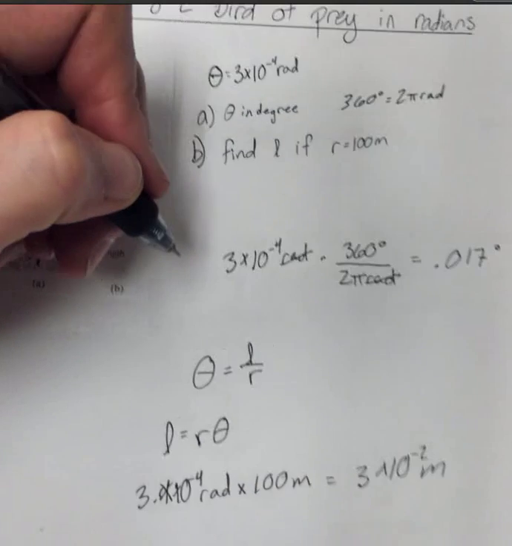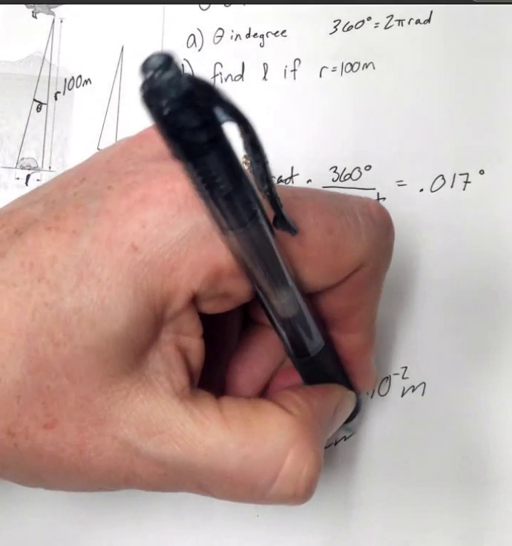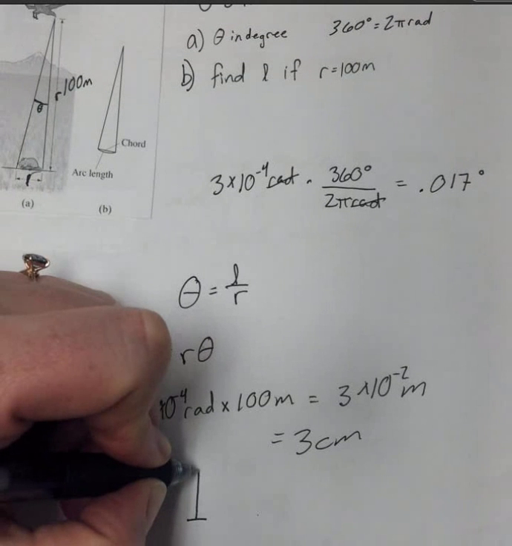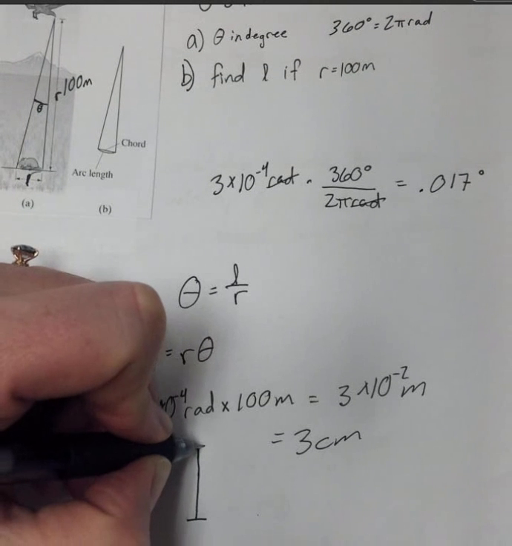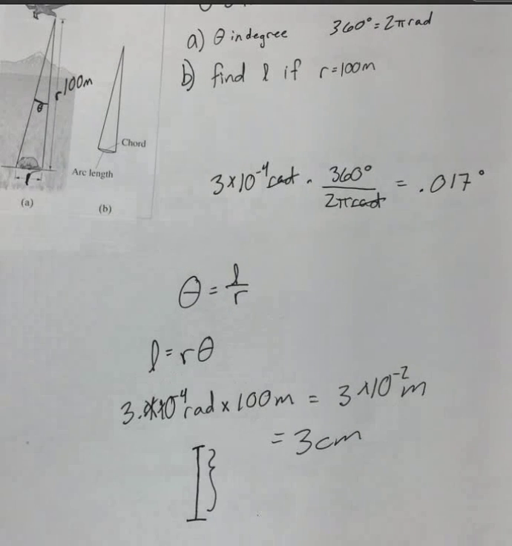If I want to put that in familiar units, that's the exact same thing as 3 centimeters long. A 3 centimeter long object is about like that. So that's like baby mouse size. So these birds have actually truly excellent eyesight.